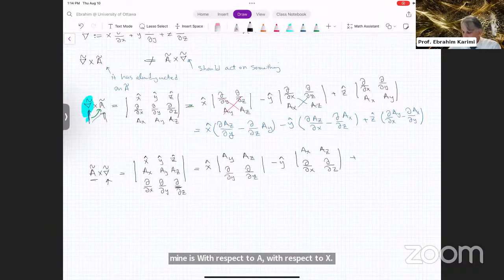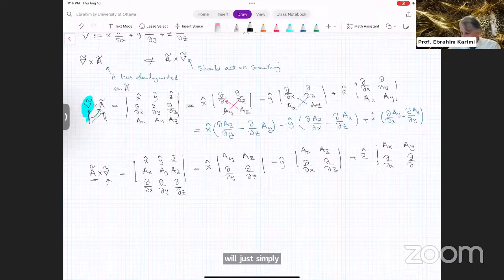I will not write the rest, so I will just simply write ax, ay, derivative with respect to x, derivative with respect to y.